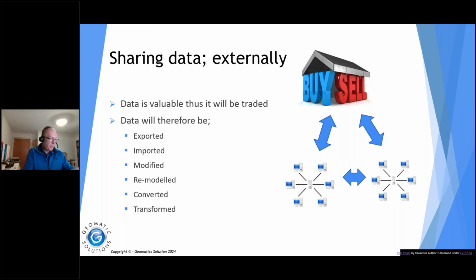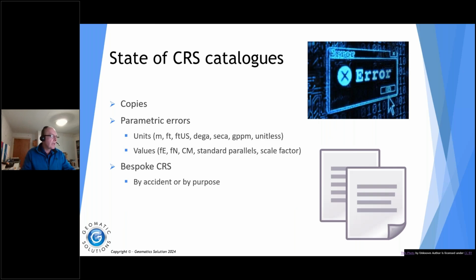So the problem that we have in the oil and gas business, and possibly in other companies as well, is that we have many CRS catalogs. As I mentioned before, we may have a CRS catalog per application that we use. Because we transfer data between these applications, CRS information is being copied between the different CRS catalogs that sit behind the different applications.